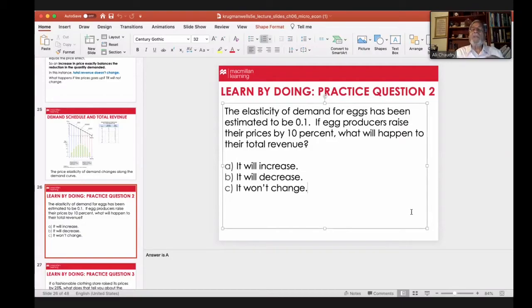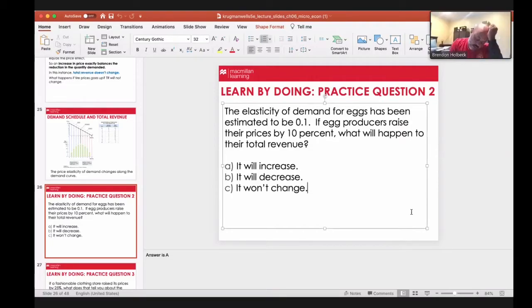So now we know that if we increase the prices by 10%, on every single item that we sell we get 10% more, but we're only losing 1% in the quantities. Therefore, our revenue will go up.